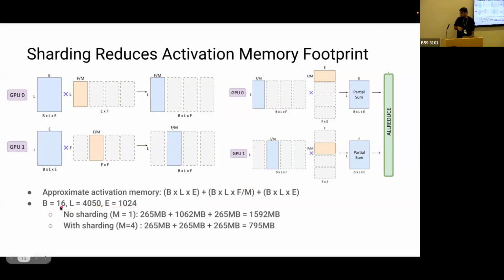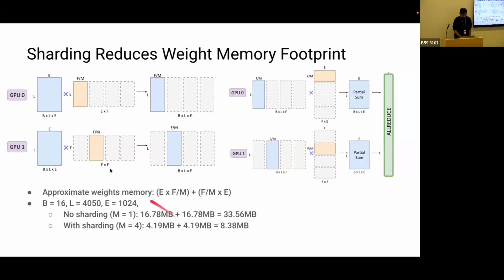So in the example that we have in the code, let's say our batch size was 16, sequence length was like 1450, embedding dimension 1024. Without sharding, I would have needed about 1500 megabytes just to store the activation memory for this one MLP layer. But after sharding, that should drop to around 800 megabytes. So this is the kind of memory savings that you would expect by doing tensor parallelization for this layer.